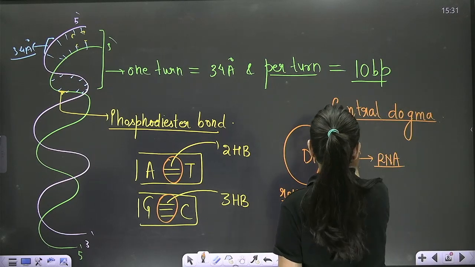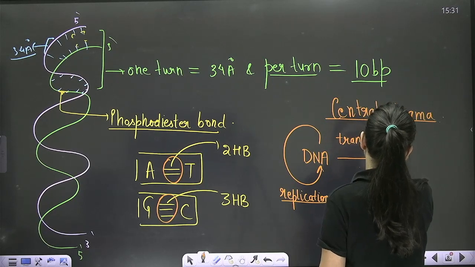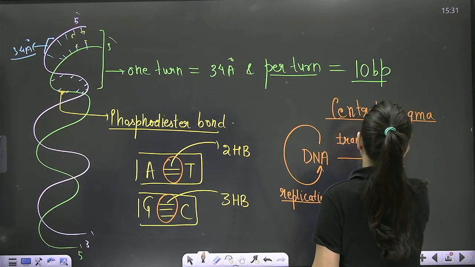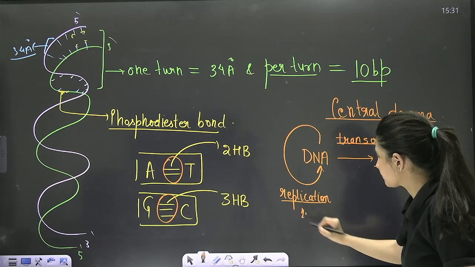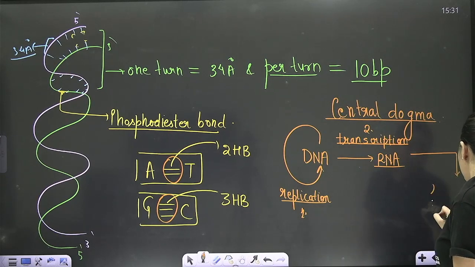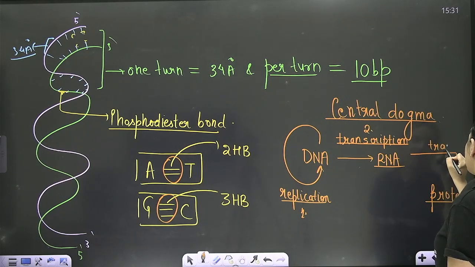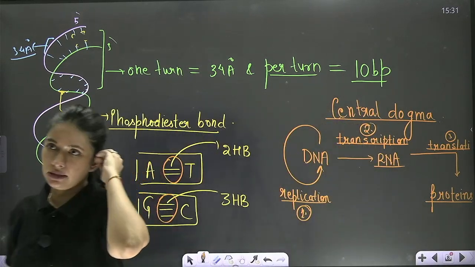This conversion of DNA into RNA is known as transcription. So this is the second step. First step, second step, and then from RNA basically beta we obtain proteins, and the third and the last step is known as translation. So first, second and third, right?